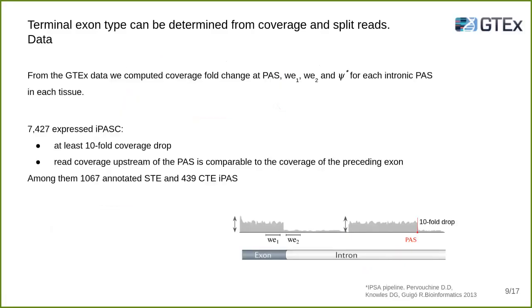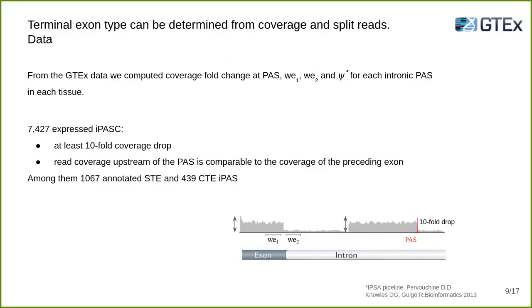To categorize the intronic polyadenylation sites with signal, we computed coverage fold change at sites, coverages near intron-exon border, and PSI for each site in each tissue using GTEx data.